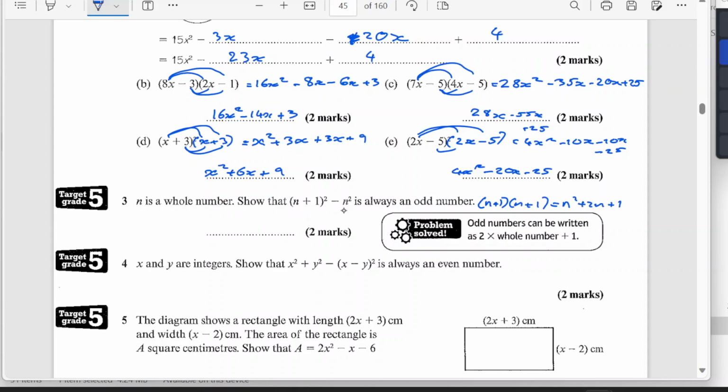And then, if I'm minusing n squared from that, what I would end up with is, so I'll do this here, n squared plus 2n plus 1 minus n squared is going to be equal to 2n plus 1. And what we've got here is that must be even. And then an even plus 1 will always be an odd number.